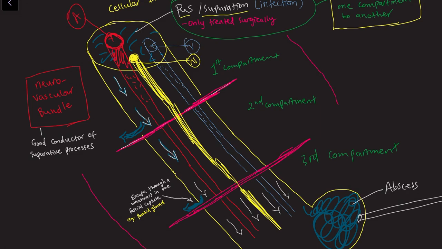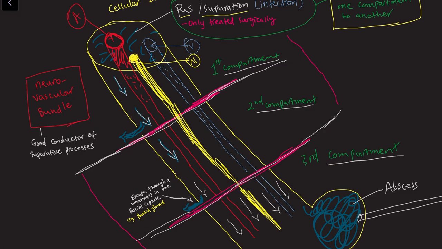Then you have the deep lamina of the proper fascia. Then you have the septum, right? You have the different septums, right? And then you have the neurovascular bundles that cross from one compartment to another compartment to another compartment.